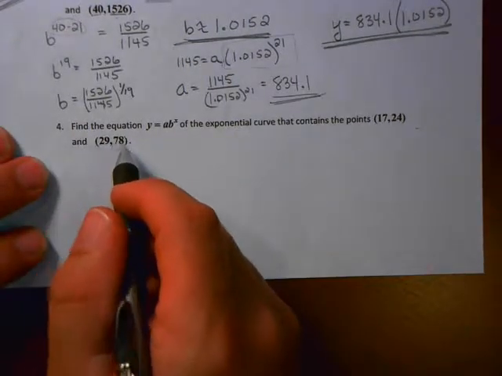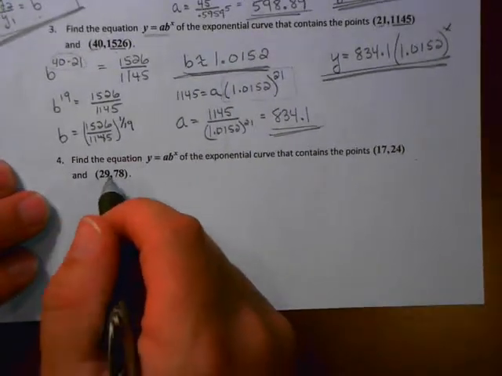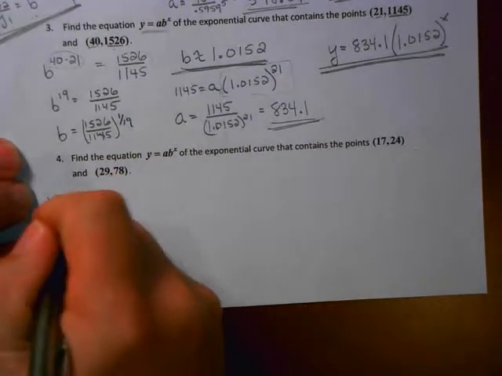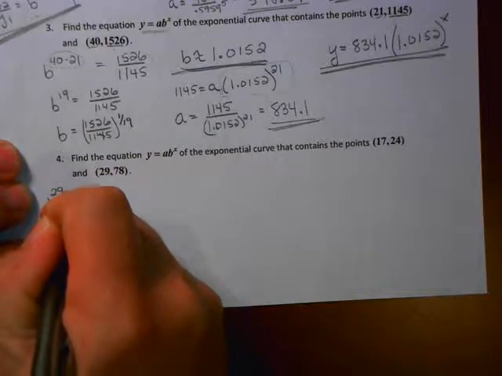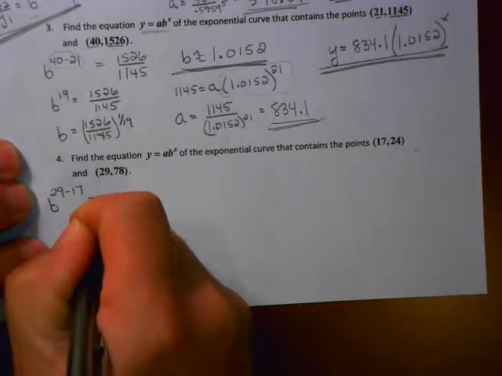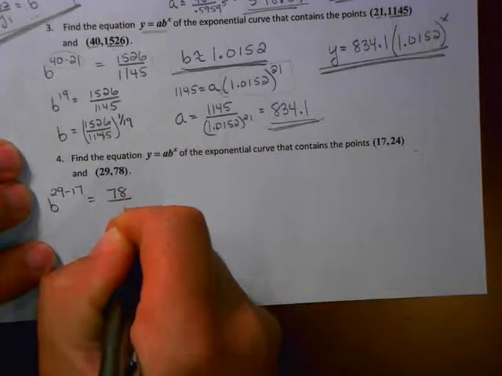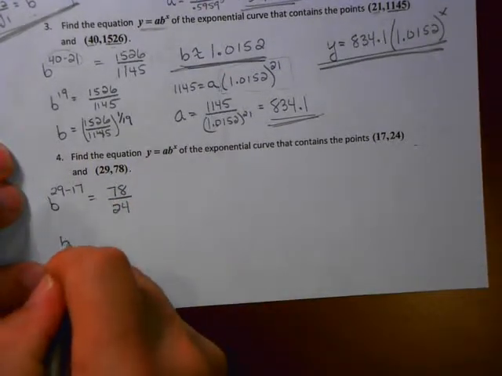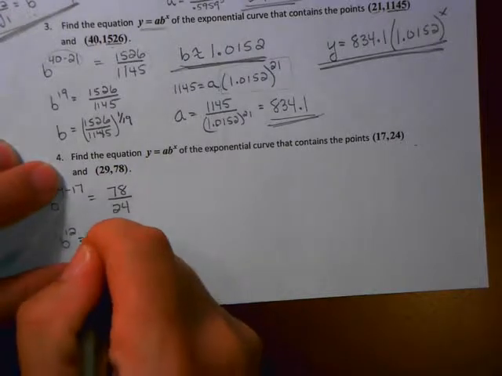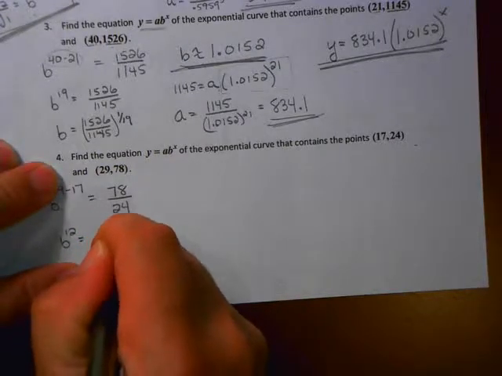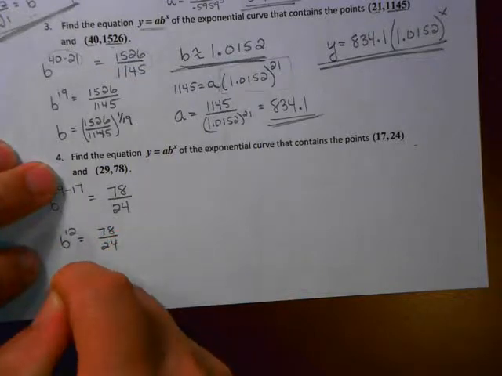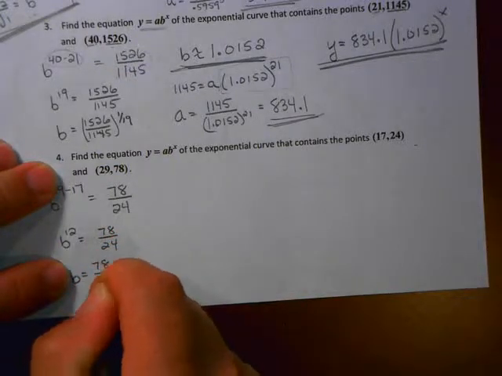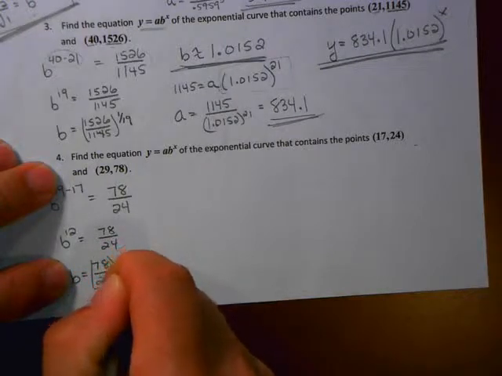So now for the fourth problem, again we're not given the y-intercept. So I'm going to go b raised to the 29 minus 17 equals 78 divided by 24. So b to the 12th equals 78 divided by 24. b equals 78 divided by 24 to the 1/12.